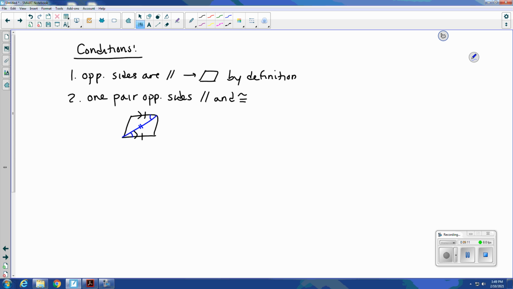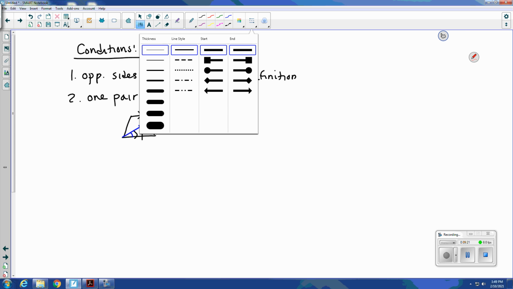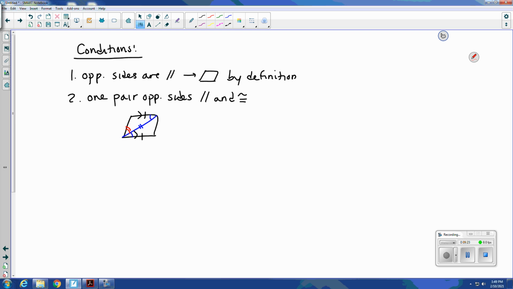So now what we just showed was that those two triangles that form that quadrilateral are congruent by side angle side. And if they're congruent by side angle side, then we can get the information that this angle in here must be congruent to that angle in there by CPCTC. And if those two angles are congruent, then we know this side is parallel to this side because of the converse of alternate interior angles.